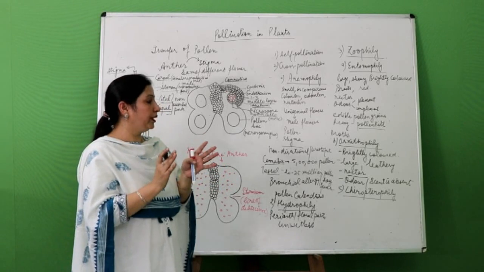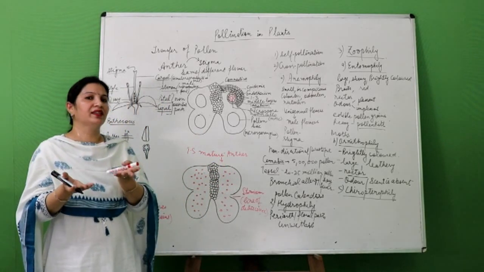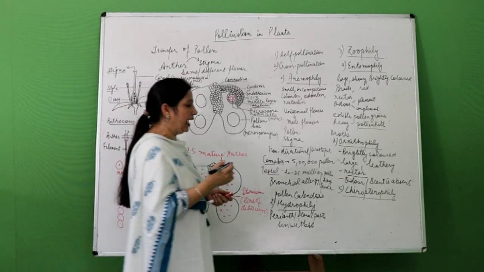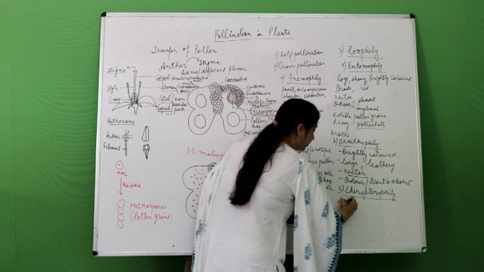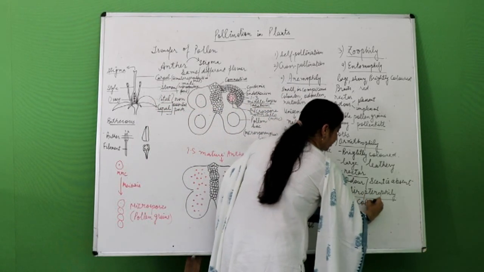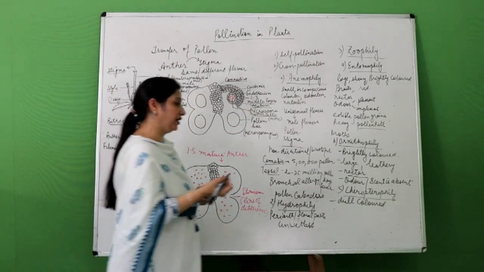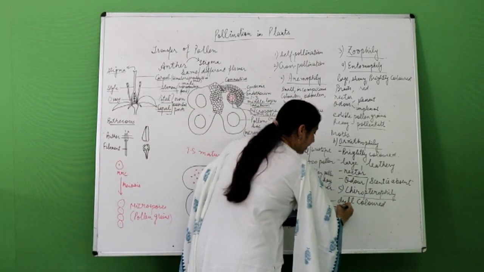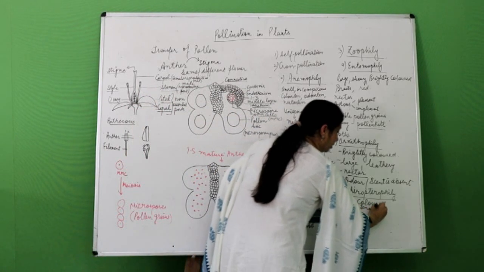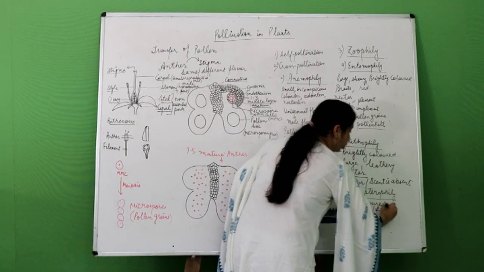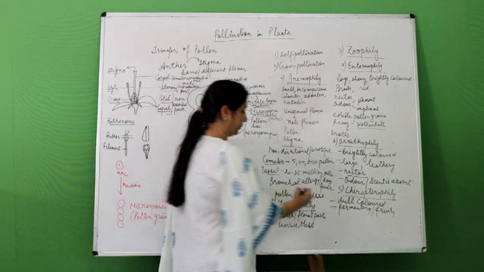Normally they visit the flowers at night, and since they usually visit at night, these flowers are dull colored. Then these flowers have a fermenting or fruity odor, which will attract the bats towards them.